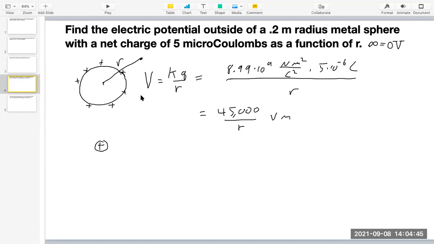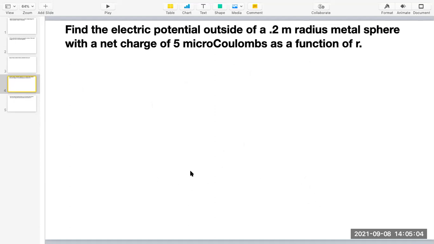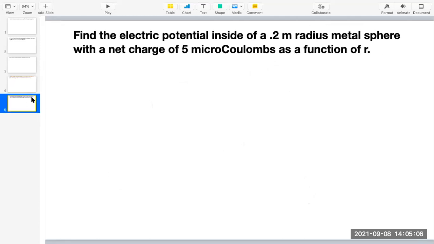All right. The next one is very, very similar, but there's a pretty big trick on it. What if instead of looking at the electrical potential on the outside, we were looking at the electrical potential on the inside of that same sphere?